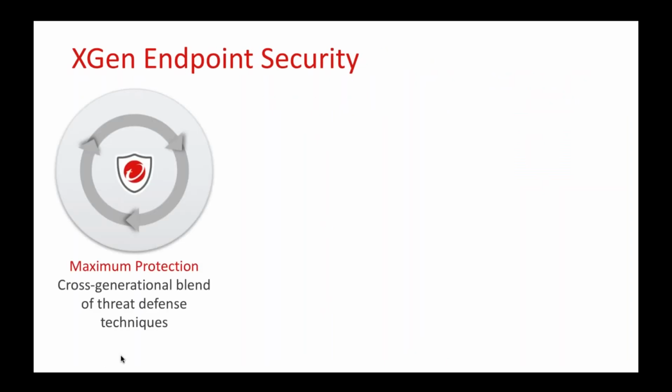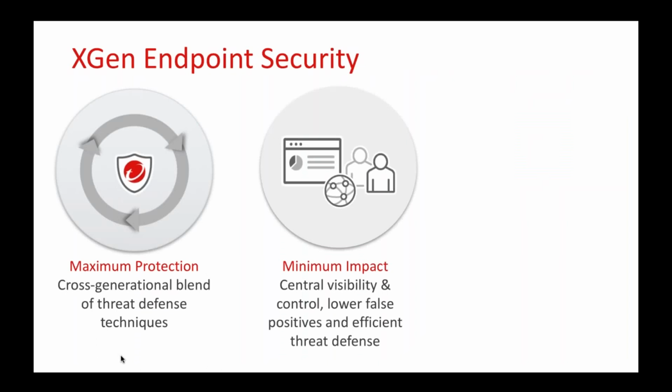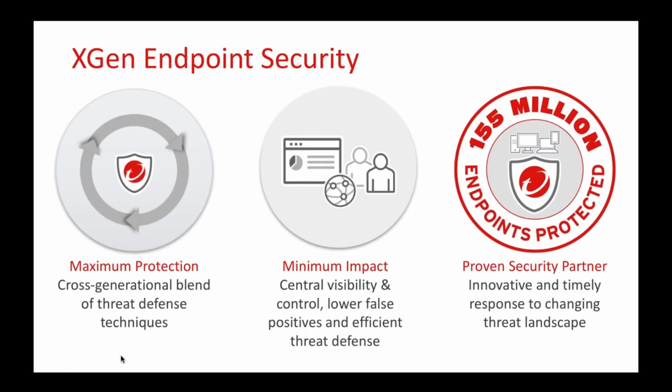So first of all, that maximum protection around that I mentioned earlier, the cross-generational blend of threat defense techniques. Minimum impact, looking at central visibility and control as well, which ultimately gives a lower false positive and efficient threat defense as well. And that proven security partner, so 155 million endpoints protected and counting. We'll go into that in a bit more detail later.